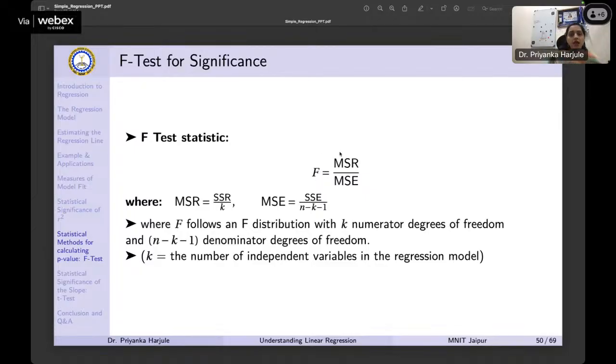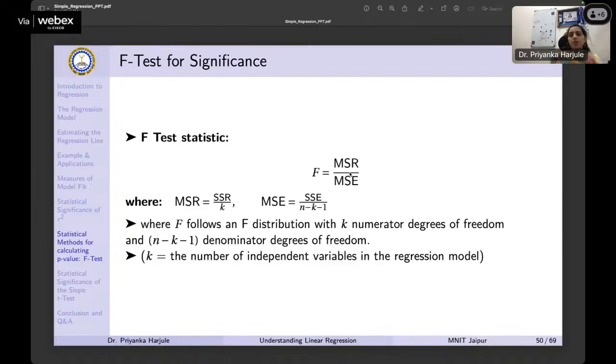A high F value means this MSR is much larger than MSE. That means the model explains a significant portion of variation in your dependent variable, so the model is statistically significant. If your F value is low, that means both these are kind of equal.